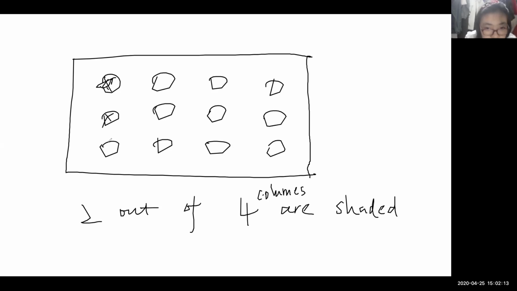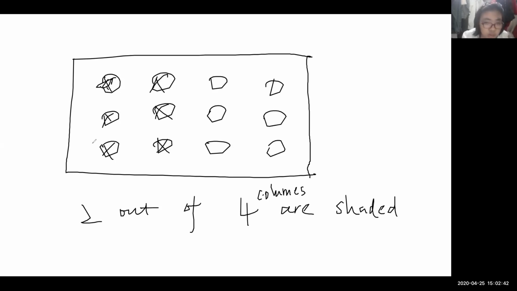Very good. 2 out of 4 columns are shaded. Go ahead. That's all? Very good. So this means 2 out of 4 columns are shaded.